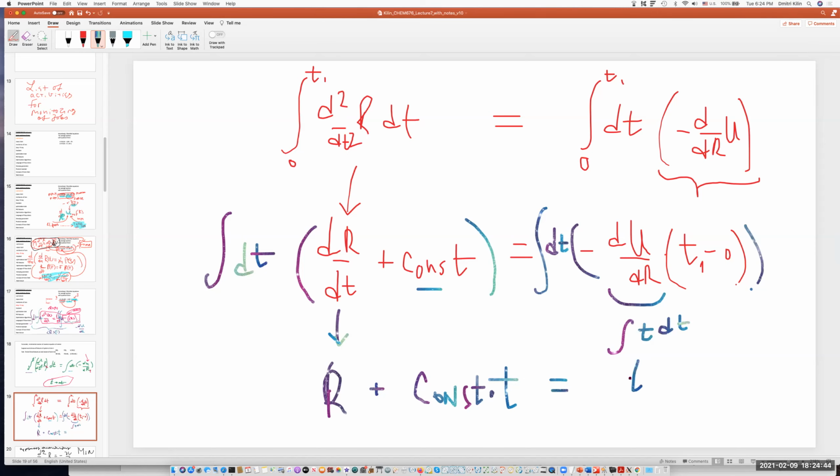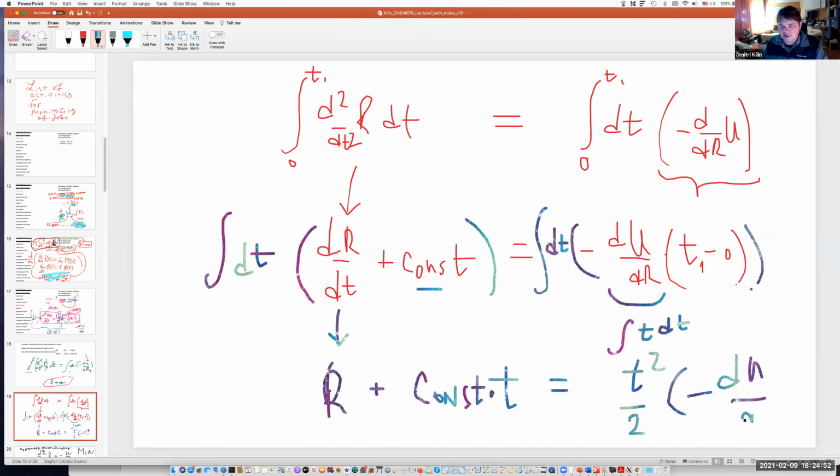So t squared over 2, and then keep here minus dU/dr. I suggest a little thing for comfort. I keep r on one side, and we always add a constant after each integration.